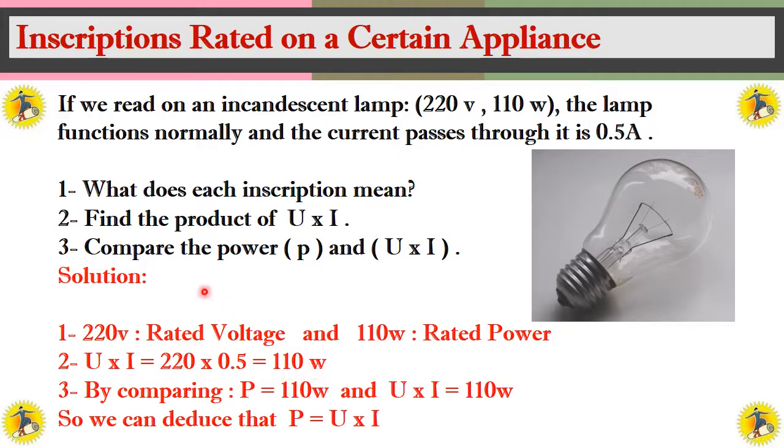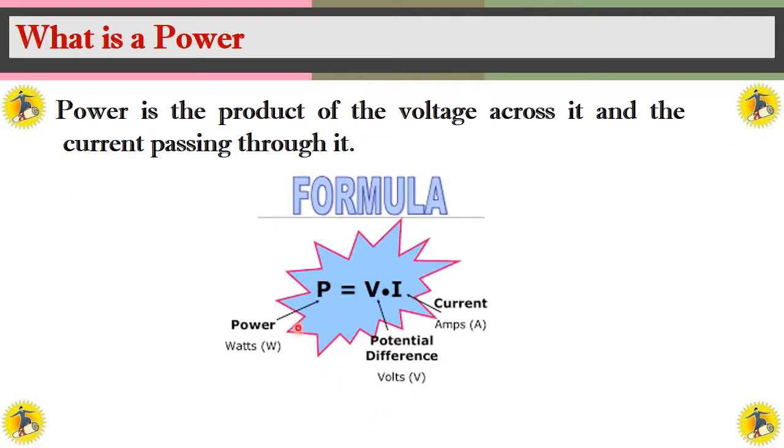Compare the power and U times I. By comparing, we have power 110 watt and U times I also equals 110 watt. So we can deduce that power equals U times I. What is a power?